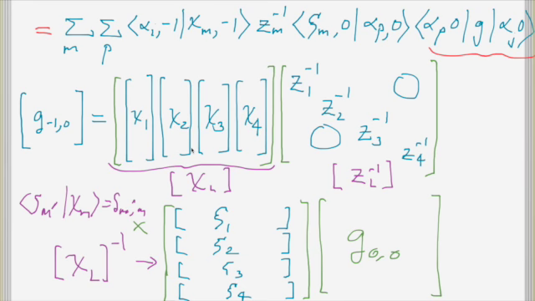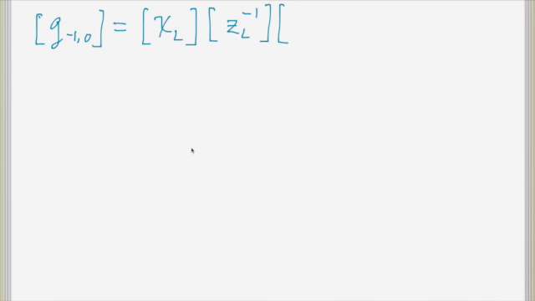So formally, using a more compact notation, the matrix G negative 1, 0 is just chi left, Z L inverse, chi left inverse, and this is a more revealing way of writing it, times G 0, 0.